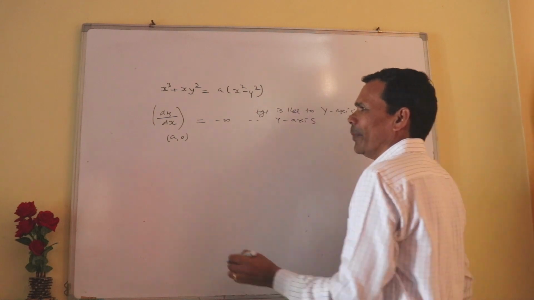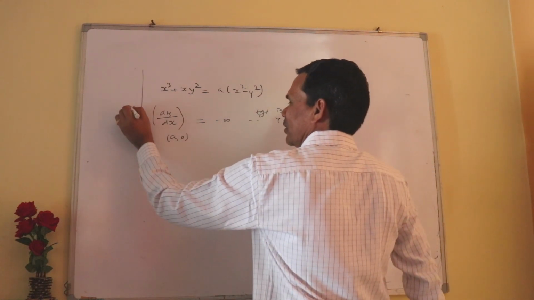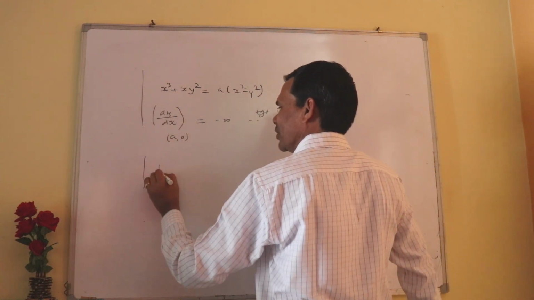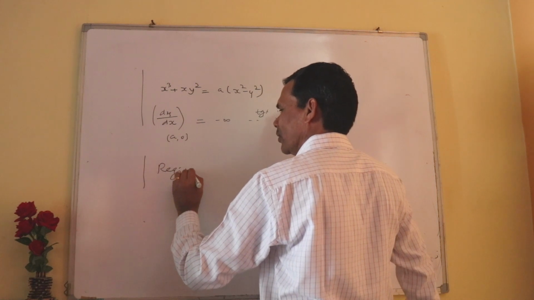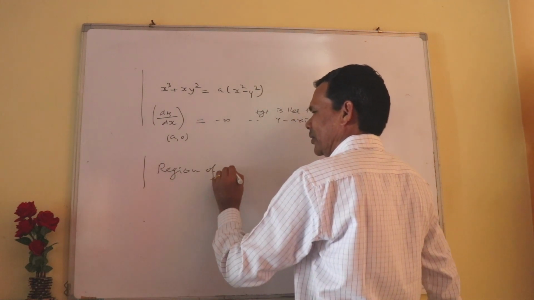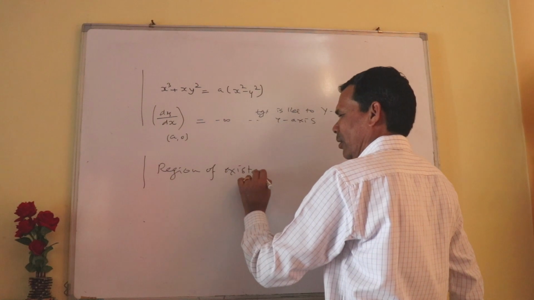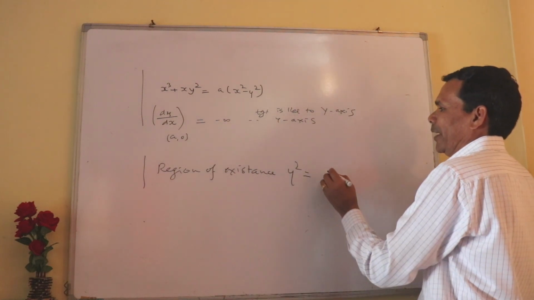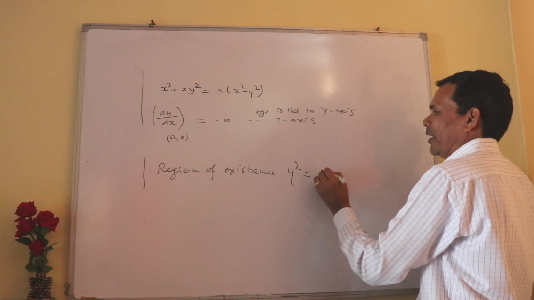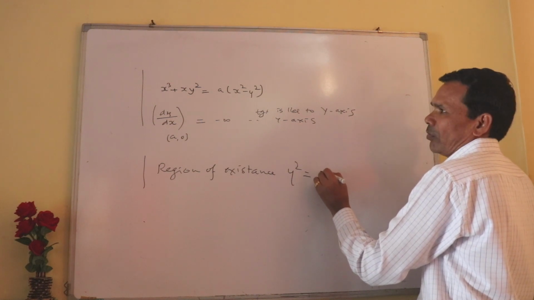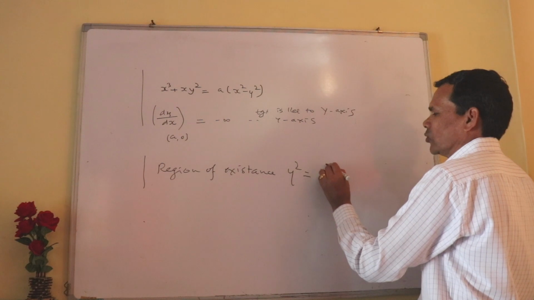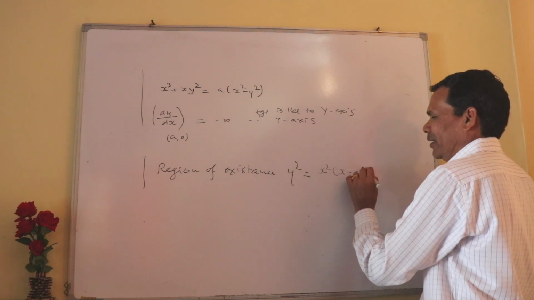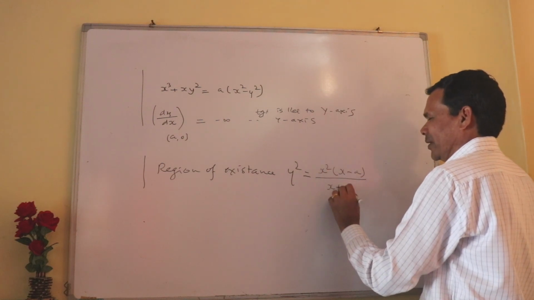And now the region of existence and non-existence. So y square is equal to x square into x minus a divided by x plus a.